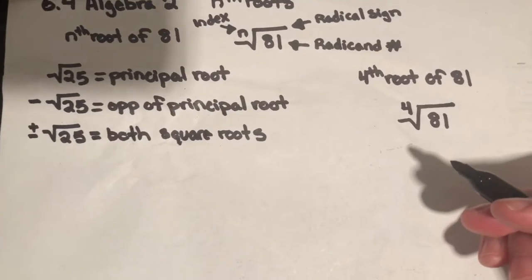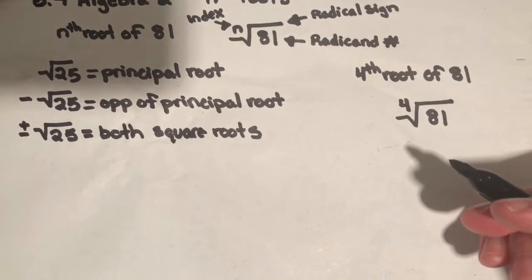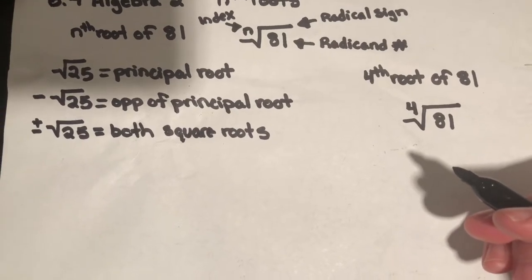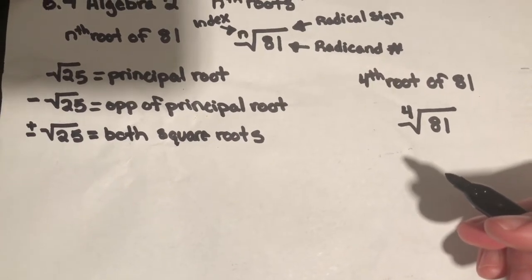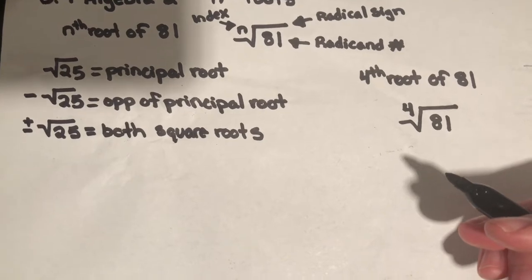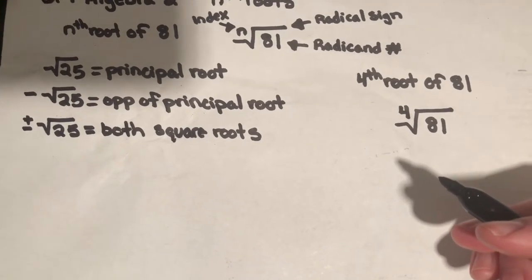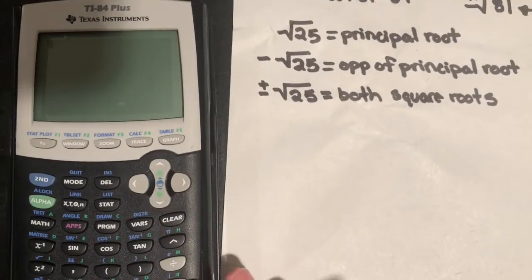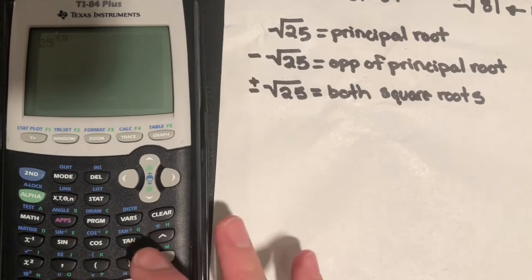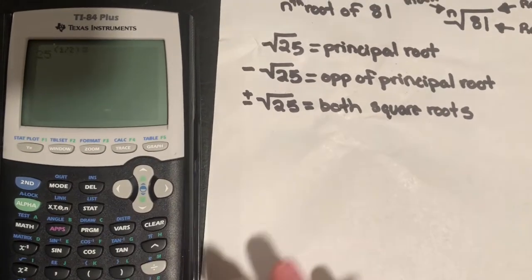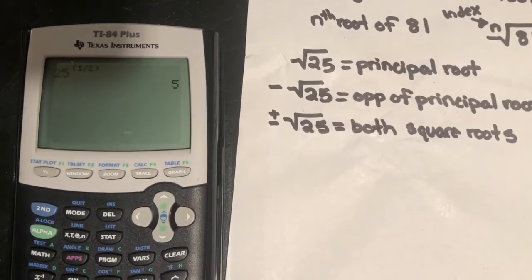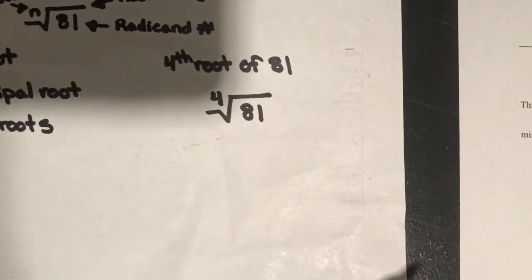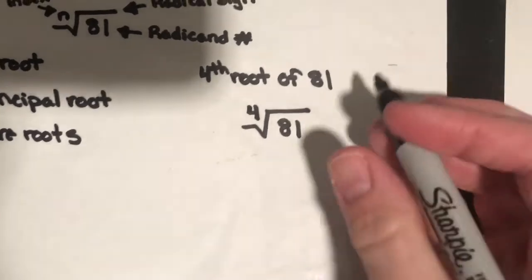If in your calculators you take 25 and you take the square root of that, you're going to get 5. I'd like you to try 25 to the 1/2 power. Let's check what that is over here. If we take our calculator and I have 25 to the 1/2 power, I'm going to get 5. That's the same concept over here when we go to the 4th root of 81.